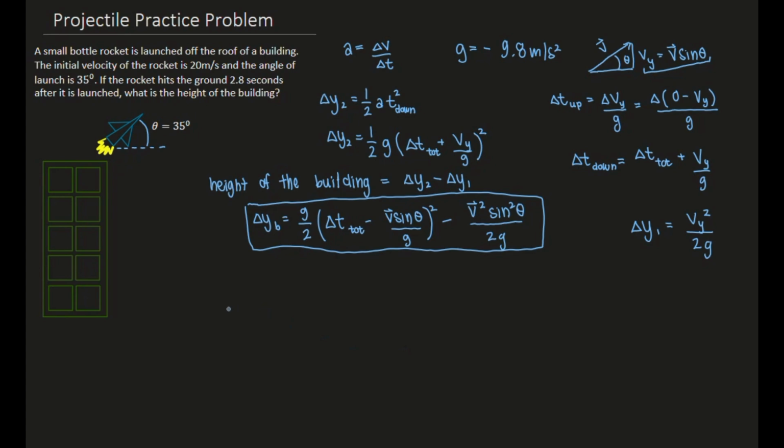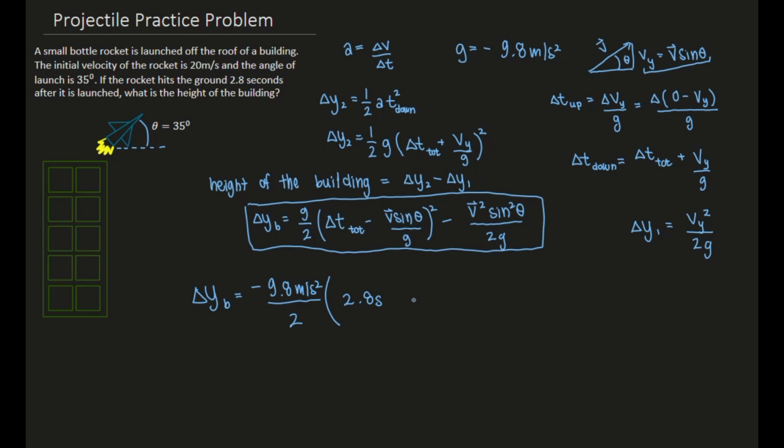So our building height is going to be negative 9.8 meters per second squared divided by 2 times the total seconds, so that's 2.8 seconds. I always like to write all my units because if you've done your algebraic expression right and you apply everything to the units as well, if the units cancel out and you have the right unit left, then you've done it right.